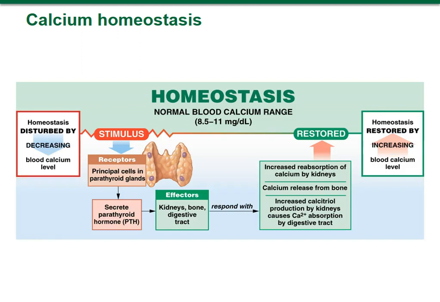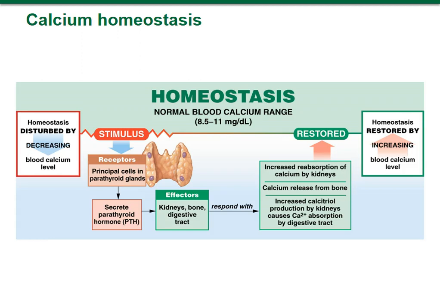Oppositely, if your calcium levels are declining, the principal cells in your parathyroid gland, I gave you the receptors, know this, secrete parathyroid hormone. The effectors are your kidneys, your bones, and your digestive tract. And the response, you have increased reabsorption of calcium by your kidneys. You actually have calcium released from your bones.